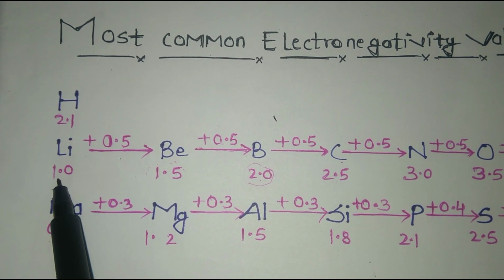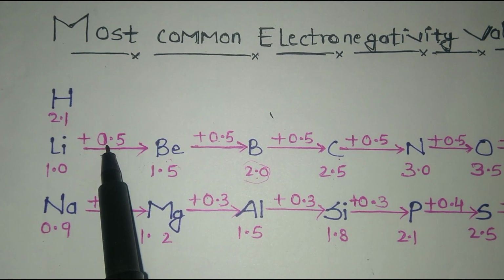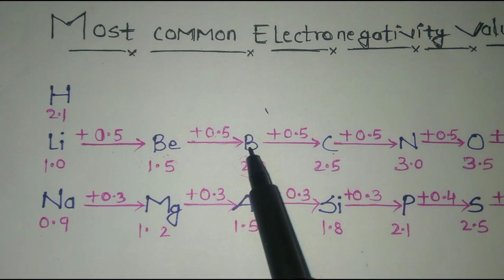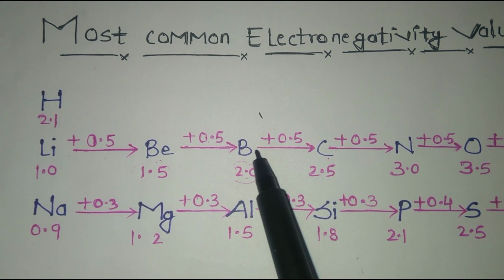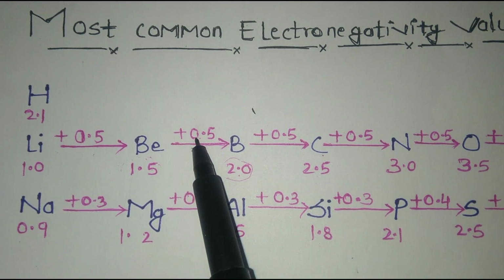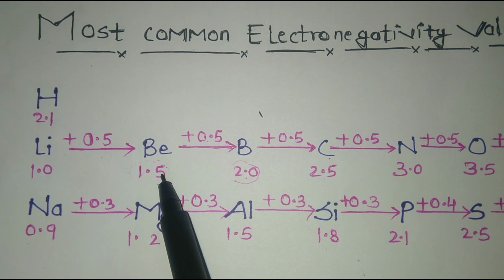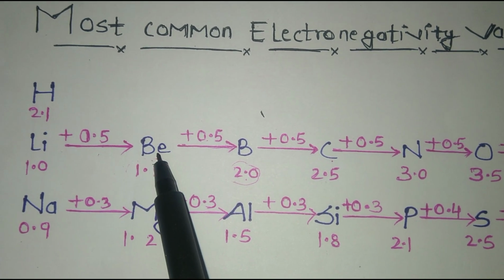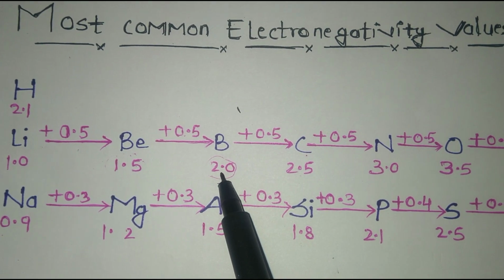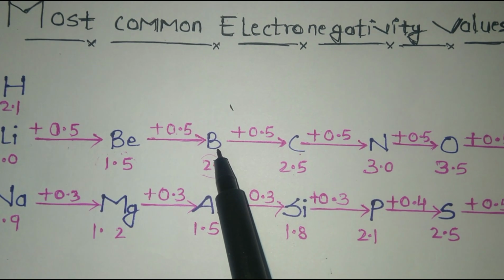Now if you want to calculate the electronegativity of beryllium, just add 0.5 to the electronegativity of lithium. Here lithium electronegativity is 1.0, so 1.0 plus 0.5 comes to be 1.5. If you want the electronegativity value of boron, just add 0.5 to the previous value. 1.5, which is the electronegativity of beryllium, plus 0.5 will give you 2.0, which is the value for boron.